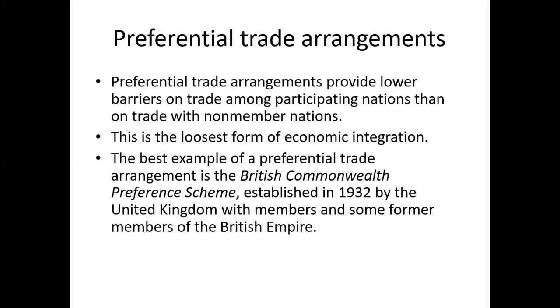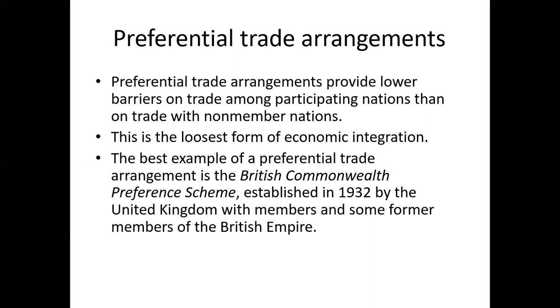So preferential trade arrangements provide lower barriers on trade. What are barriers on trade? Barriers on trade are of two types. One is the tariff barrier and the other is the non-tariff barrier. These kinds of barriers will be lowered on trade among participating nations than on trade with non-member nations. Non-member nations will continue to have a different kind of treatment from these countries.